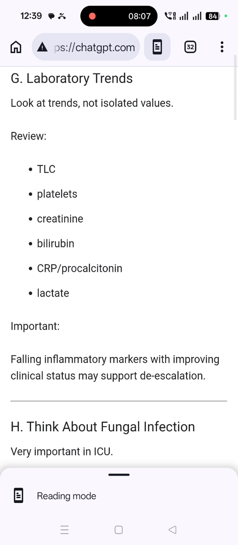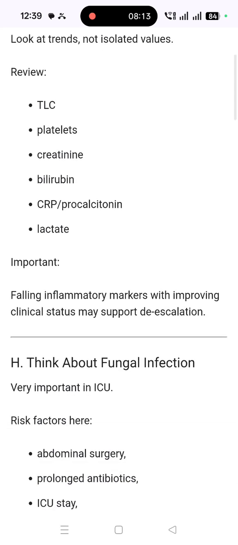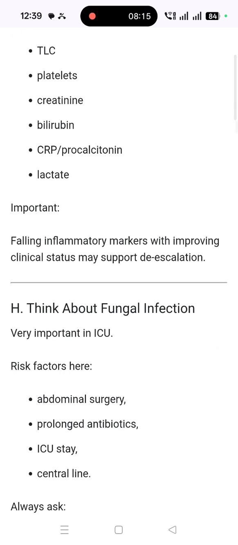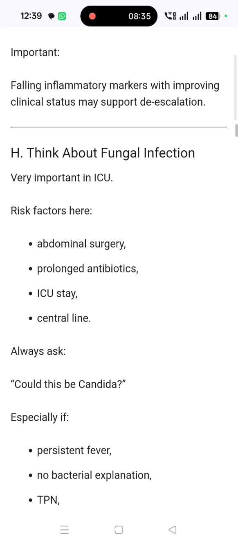CRP and procalcitonin will also tell you about the infection. Falling inflammatory markers with improving clinical status may support de-escalation, meaning if you are giving a broad spectrum antibiotic, you should now start a narrow spectrum one.